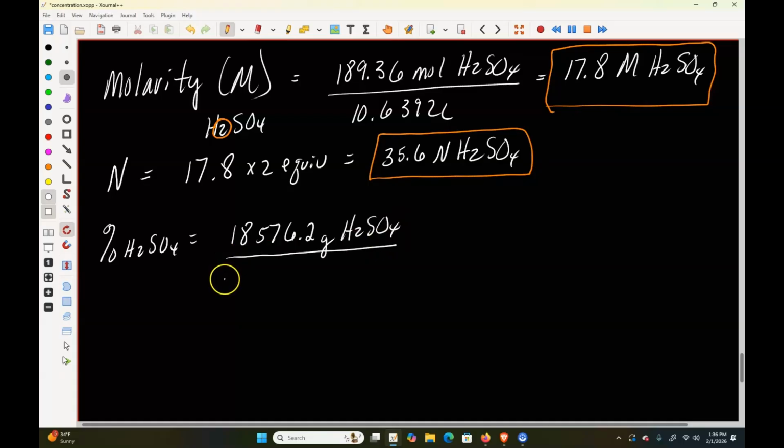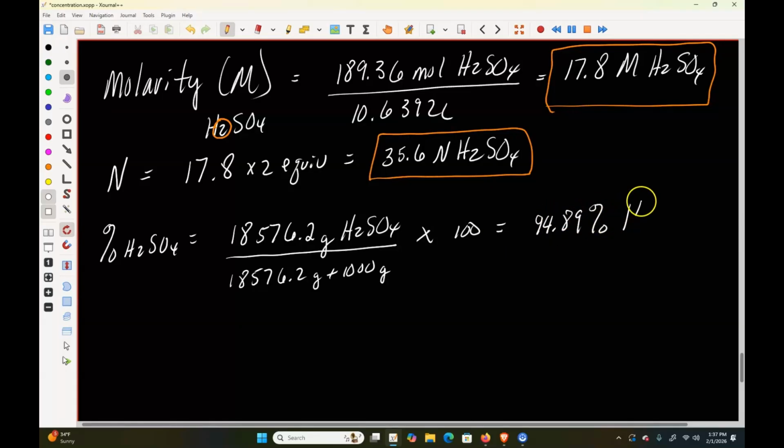And my total mass will be the 18576.2 grams plus 1,000 grams of water. Got to multiply this times 100. That will give me 94.89% H2SO4.